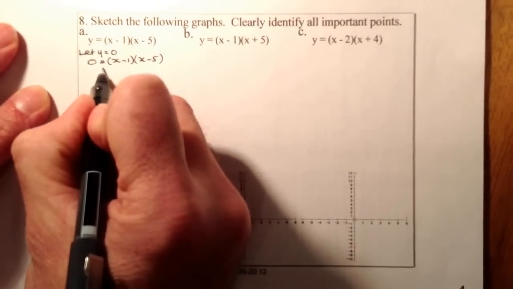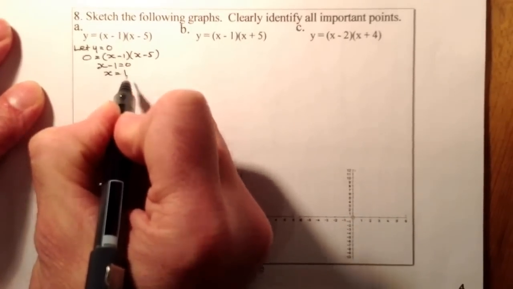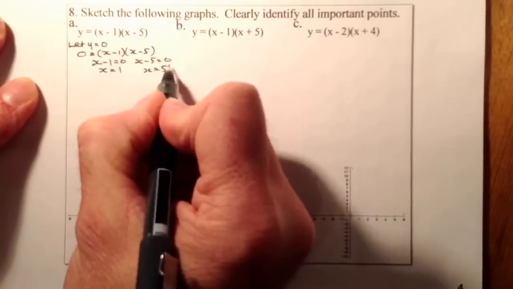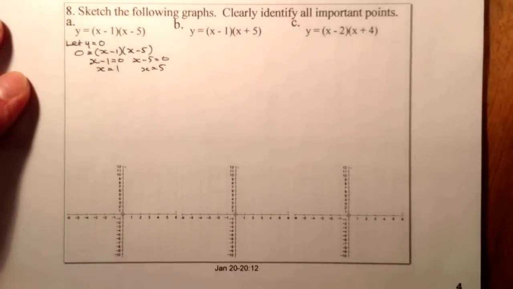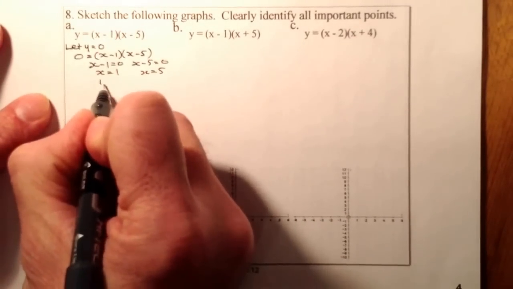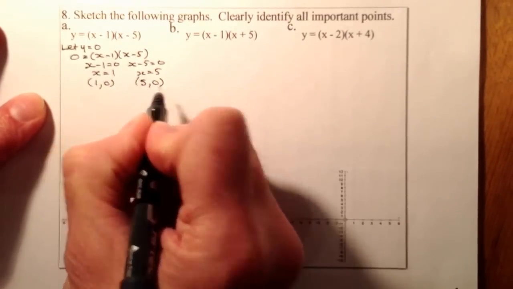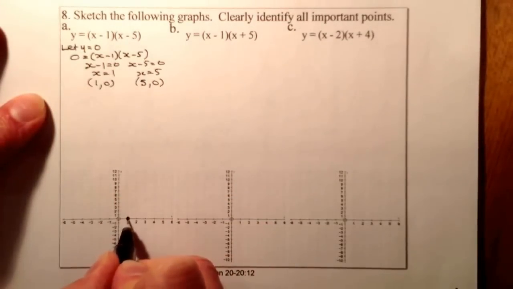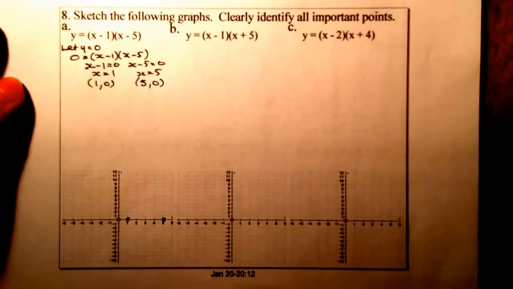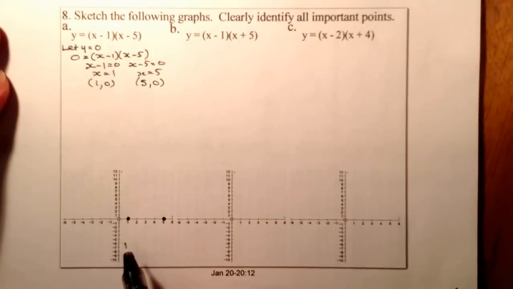What I'll then do is I can solve that by saying x minus 1 equals 0, so x equals 1, and x minus 5 equals 0, so x equals 5. So that's a set of coordinates that I've got already. So they're my roots, and that coordinate there will be (1, 0), that coordinate there will be (5, 0). So (1, 0), 1 mark there, (5, 0), 1 mark there on my graph already. I've just pre-printed some graphs, so it just saves a bit of time.